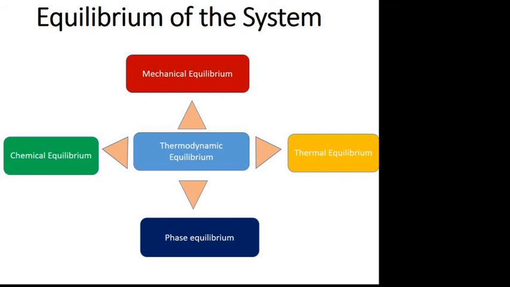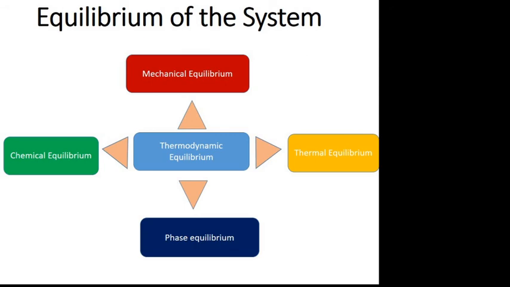That is what is known as thermal equilibrium. Then phase equilibrium. Phase equilibrium you can say in the case of a two-phase system. For example, you take the case of water boiling in a closed vessel. Water will be converted to the gaseous state, that we call water vapor. So there will be some amount of water vapor and some amount of water.